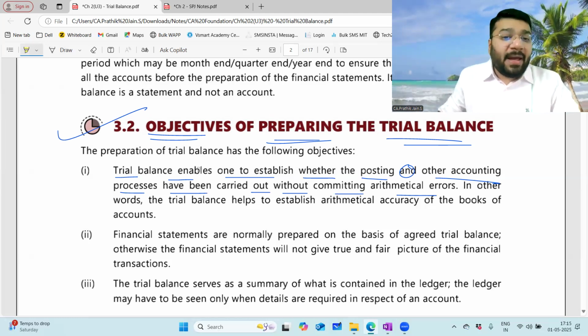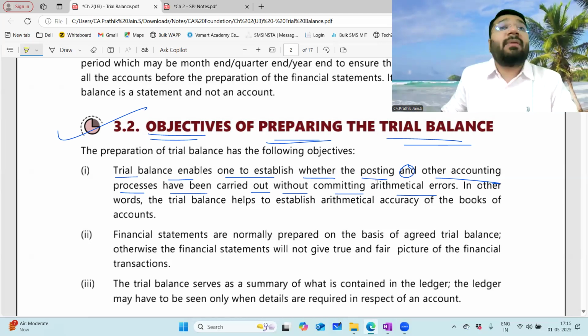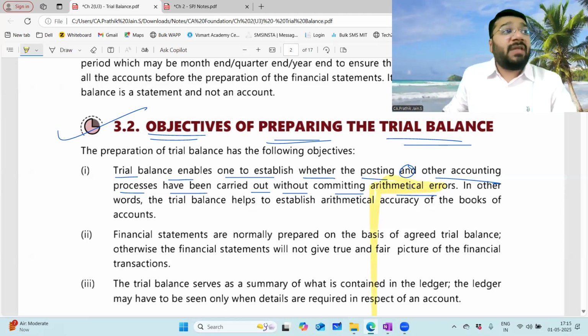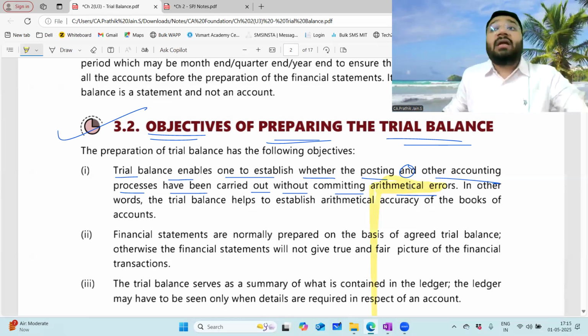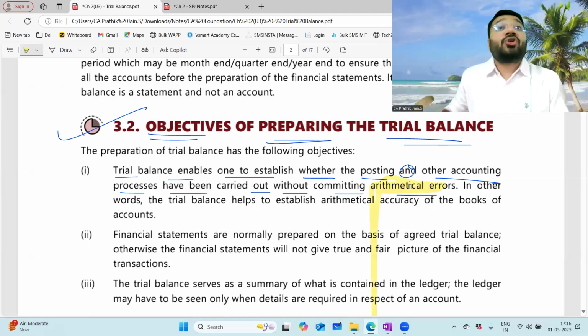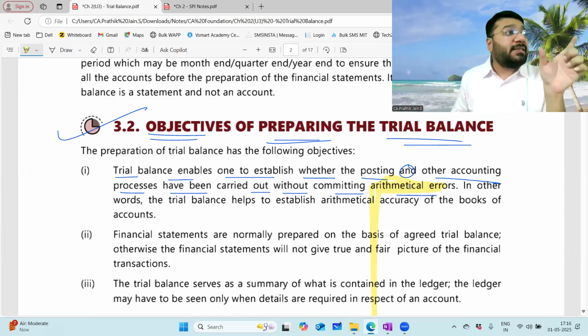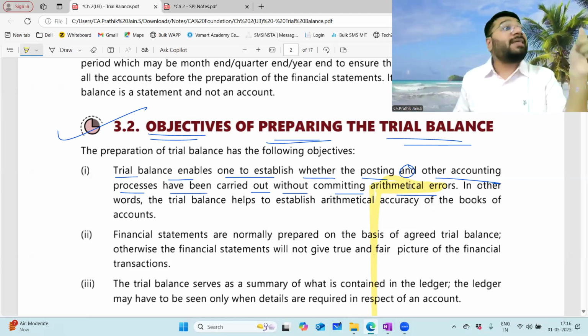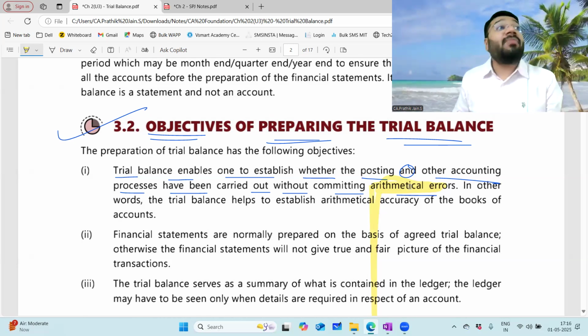Trial balance is prepared to know whether the posting and other accounting process has been carried out without committing arithmetical errors. So this point is focusing on what? While preparing the trial balance, if there are any arithmetical errors, we get to know about that. You are free to form the sentence grammatically in your own language, but keywords cannot be deviated.